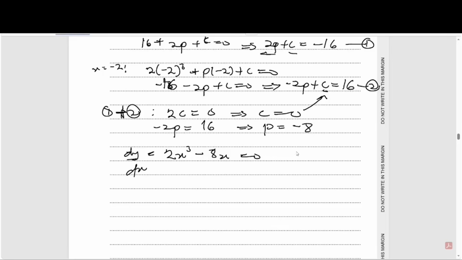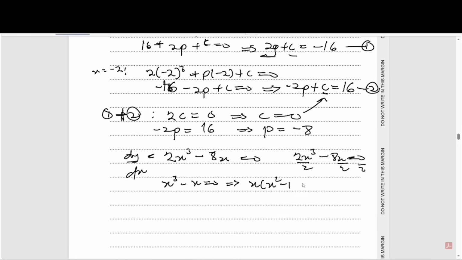So we have here 2x cubed minus 8x is equal to 0. We can divide through by 2, and what we have is x cubed minus 4x is equal to 0. We factor out x and we have x squared minus 4 is equal to 0.